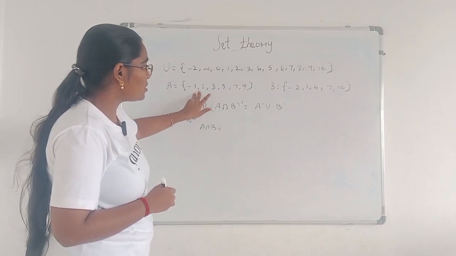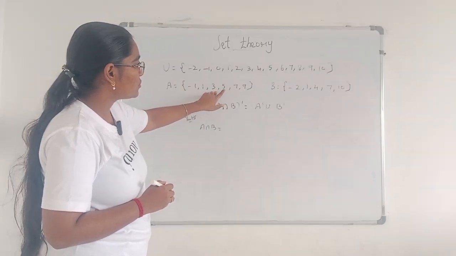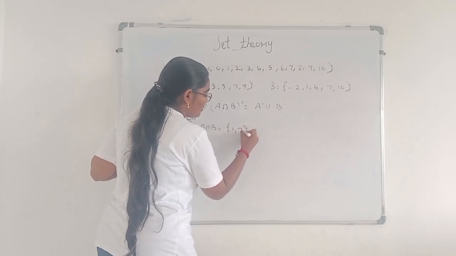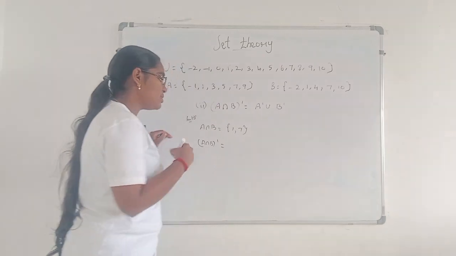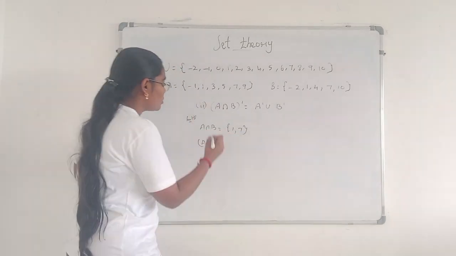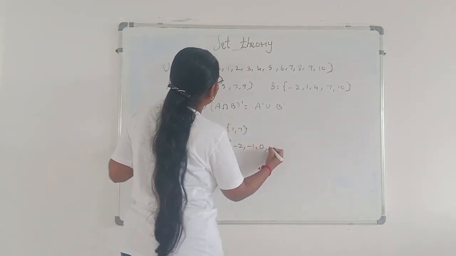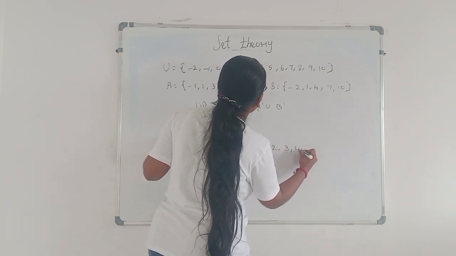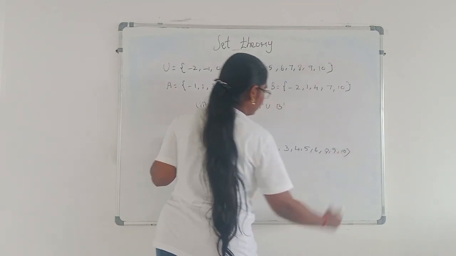So 1 is common and 7 is common. 1, 7. (A intersection B)' is the elements except this 1, 7 in the universal set. So write all other elements. -2, -1, 0, 2, 3, 4, 5, 6, 8, 9, 10.